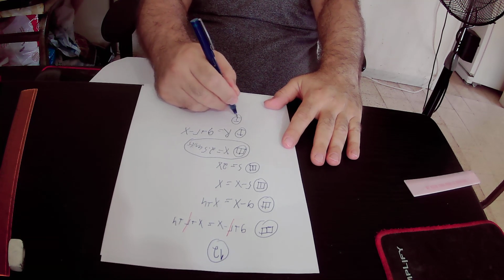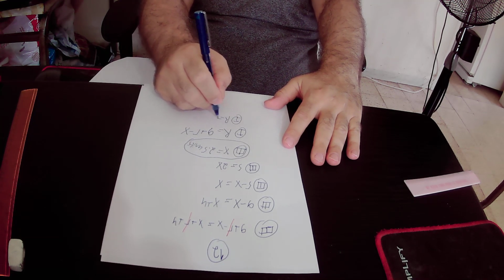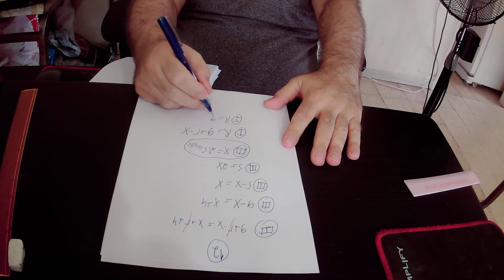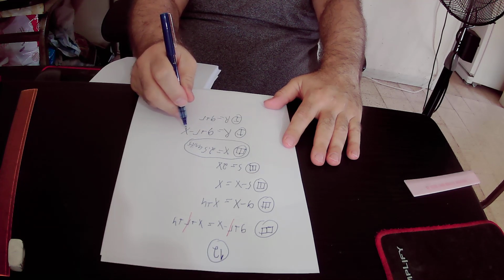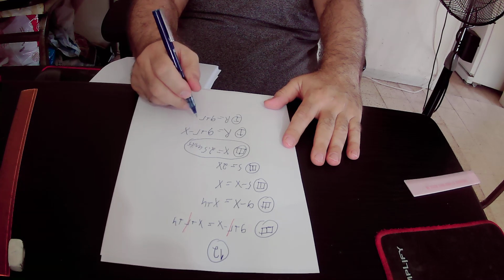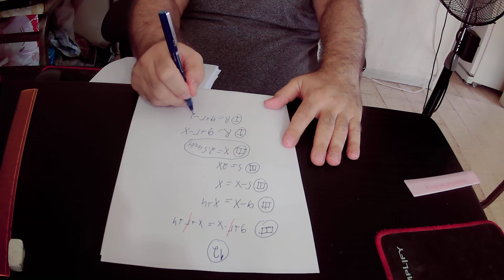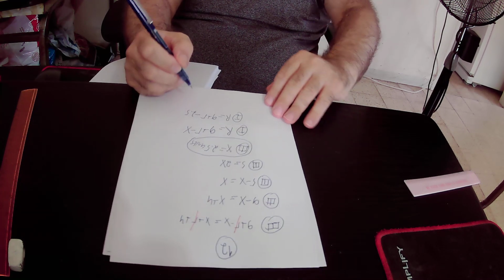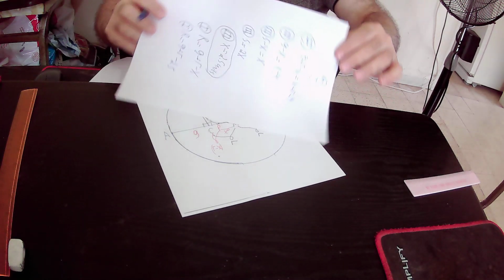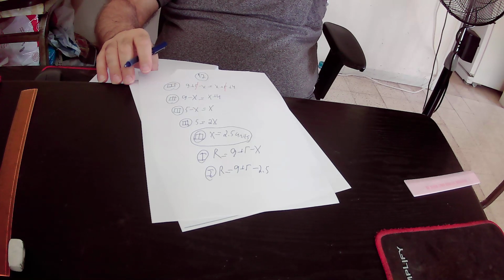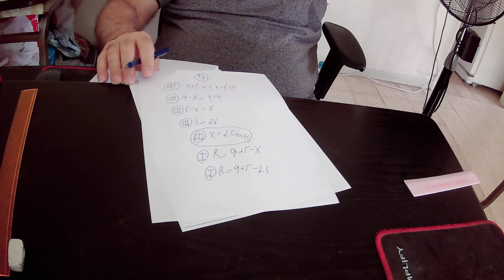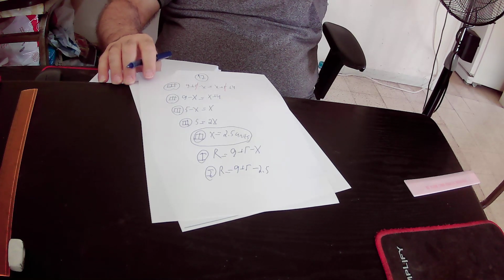And we will get that the radius of the big circle equals 9 plus small r, and we substitute x by 2.5 units, minus 2.5. So we got that capital R equals 9 plus R minus 2.5. 9 minus 2.5 is 6.5.